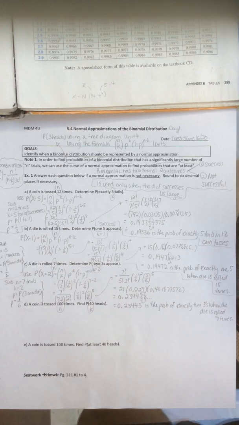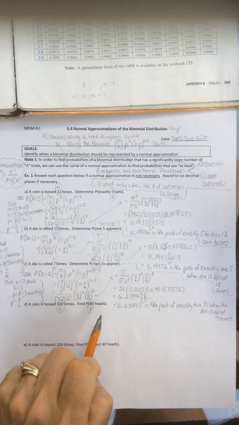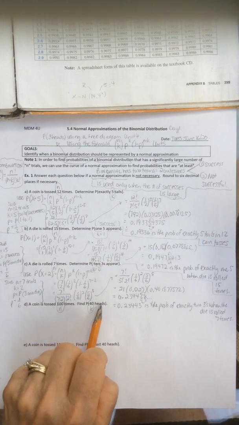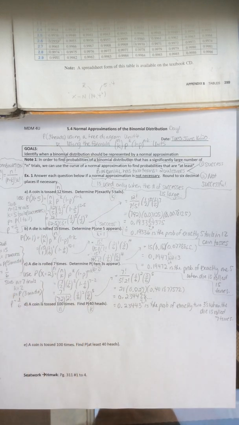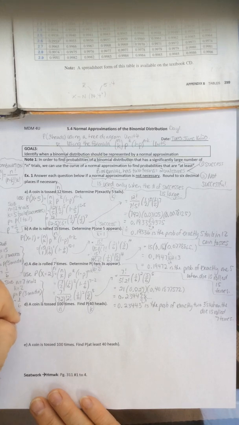So we're not taking the value of the heads, but we're associating the value of the heads with the number of successes. So we can use, like before, the probability of the discrete random variable taking on the value of 40.